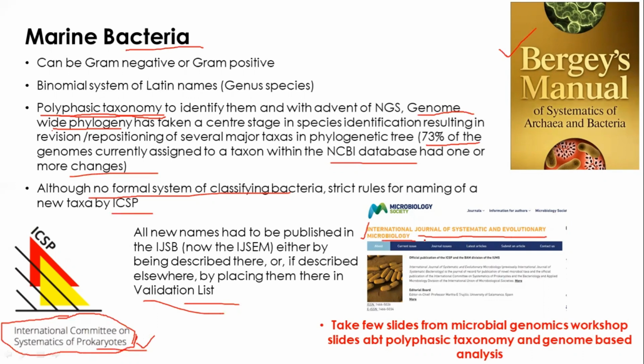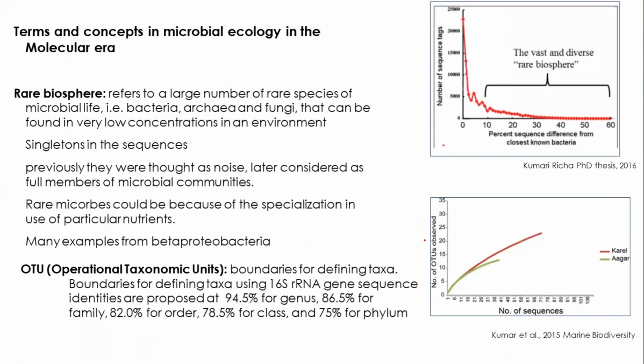So what we have understood is that in case of bacteria, if we have to name any species, or if we are working on a bacteria and have to identify it, we have to follow ICSP nomenclature rules. One of the rules is that you have to publish it in the International Journal of Systematic and Evolutionary Microbiology.